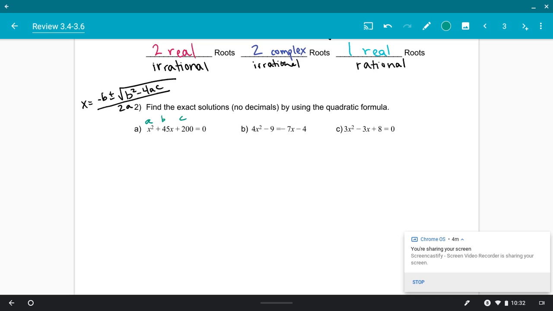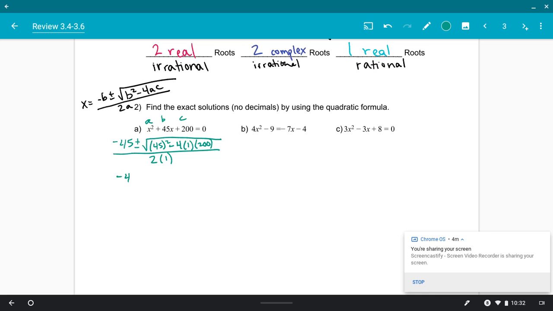A is 1, b is 45, c is 200. So we're going to go opposite b plus or minus the square root of b squared minus 4ac all over 2a.